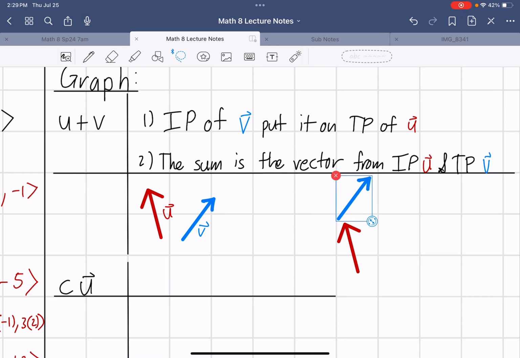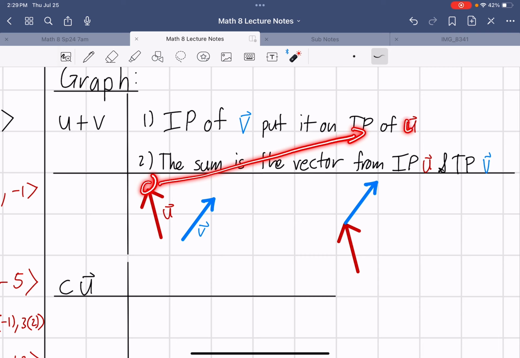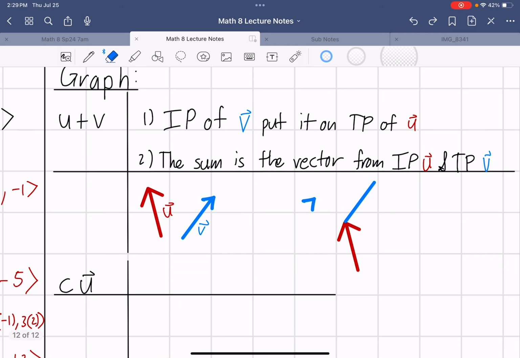I'm going to take the initial point of v and put it right here. We have the initial point of v, and then we have the terminal point of u. Now the vector that has been created, I'm going to move this part out of the way, is we have to go from the initial point of u now and go to the terminal point.